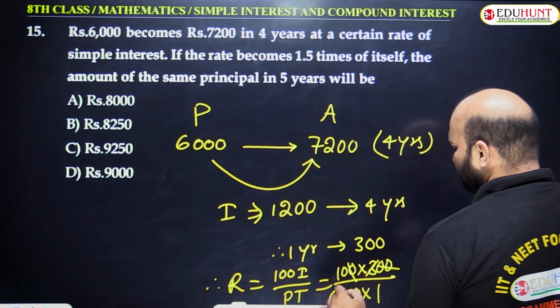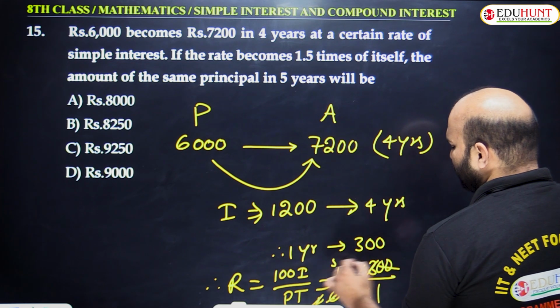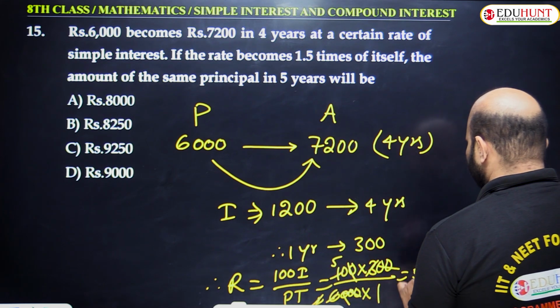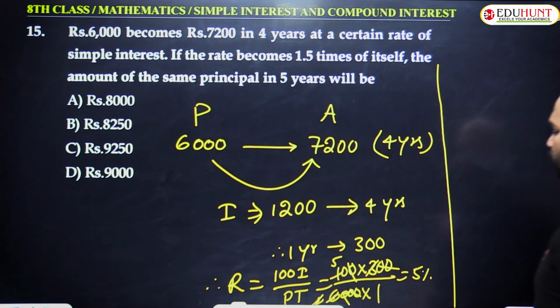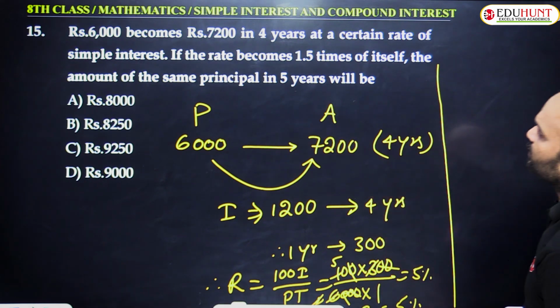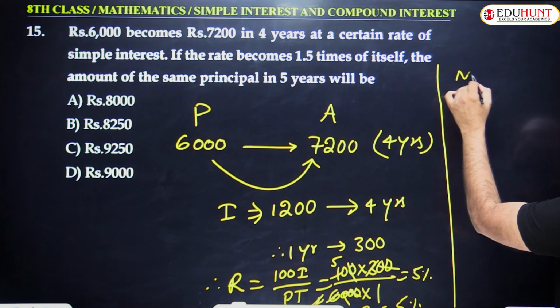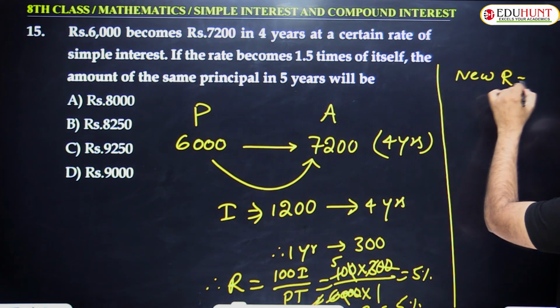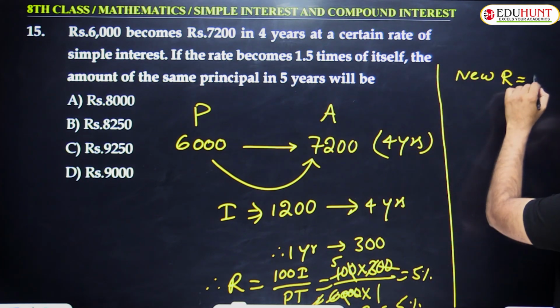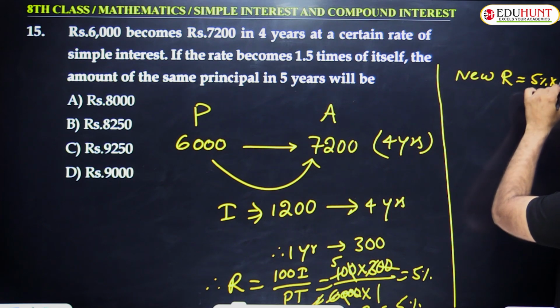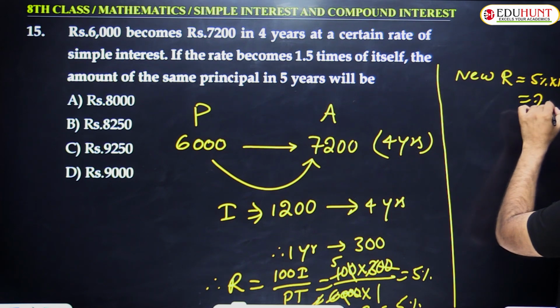Am I clear? 3 1s are 3, 2 5s are 10. The rate of interest I am getting is 5% per annum. But what is the question asking? If the rate becomes 1.5 times, what is the new rate? New rate of interest equals 1.5 times the rate, 5 into 1.5 is 7.5. This is the new rate.